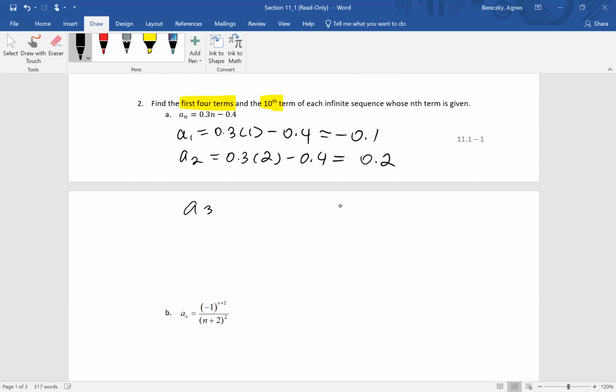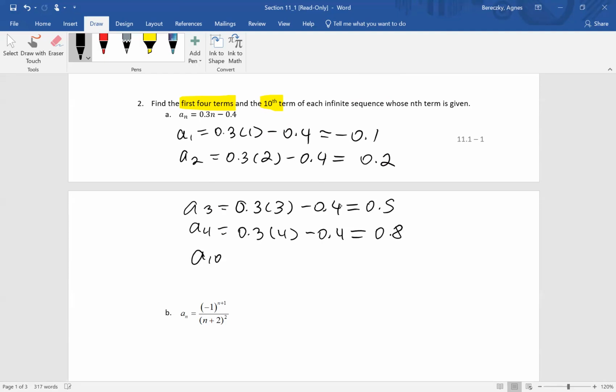A3 equals 0.3 times 3 minus 0.4, which will be 0.5. A4 is 0.3 times 4 minus 0.4, which will be 0.8. And lastly, the 10th term is 0.3 times 10 minus 0.4, which will be 2.6.